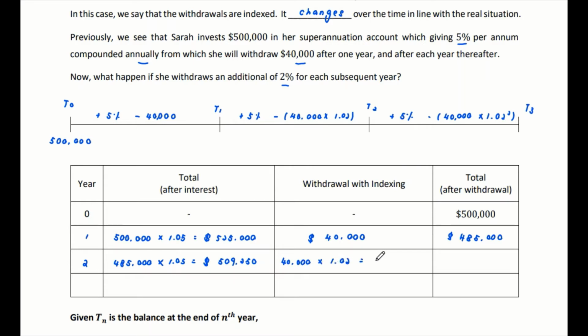Okay, so in the second year, we are withdrawing 40,800. Okay, so the same thing, this amount of money minus off the withdrawal, and now in our account, we have $468,450.